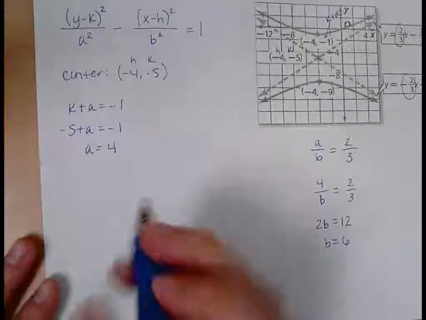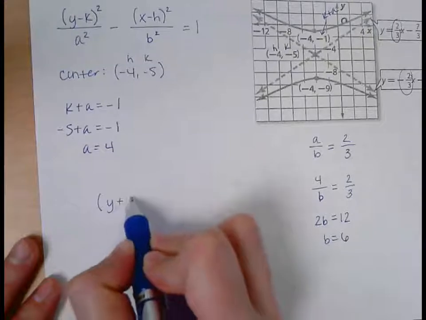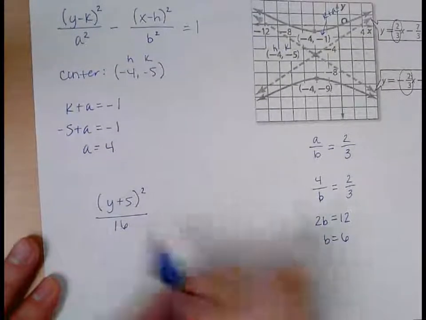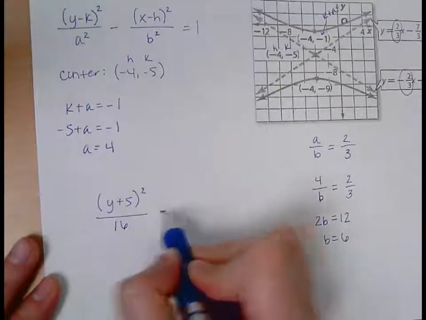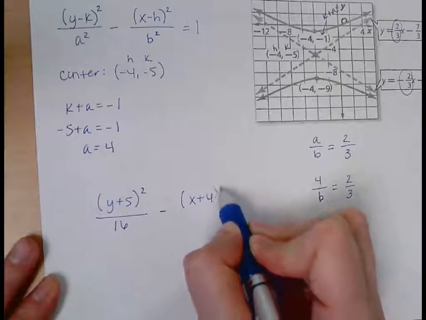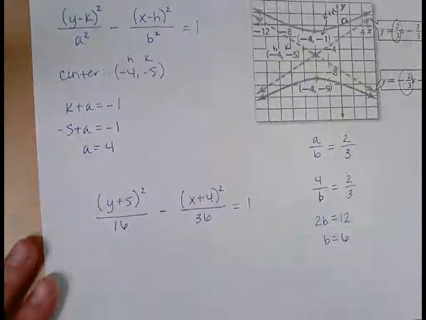So then I can write my equation. I have everything I need. k is -5, so I have y plus 5 quantity squared all over a squared, which is 16. And then minus h, where h is -4, so x plus 4 quantity squared all over b squared, which is 36, equals 1.